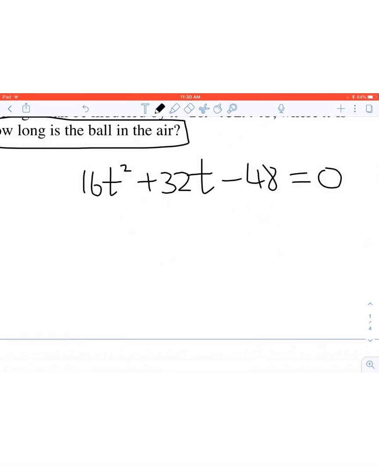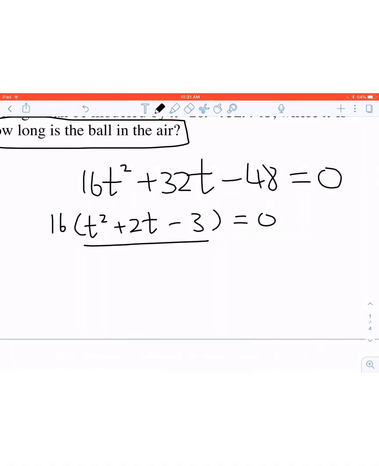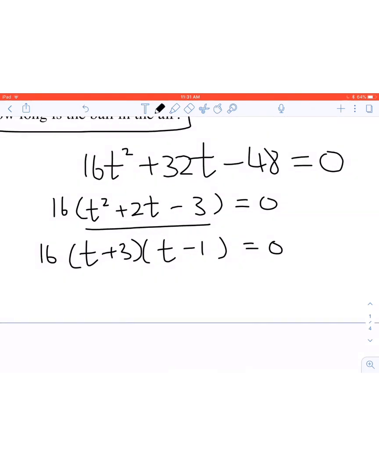First, factor out the GCF, 16. t squared plus 2t minus 3 is equal to 0. We're going to factor this trinomial. It'll be 16 times t plus 3 times t minus 1 equal to 0. Alright, so there are 3 factors here which can potentially be equal to 0.